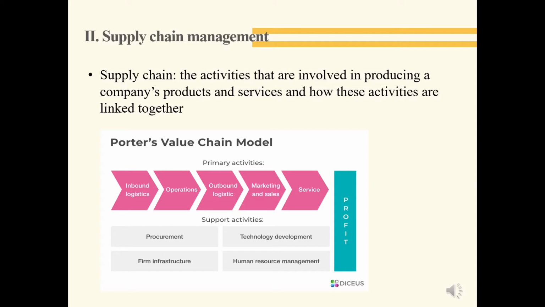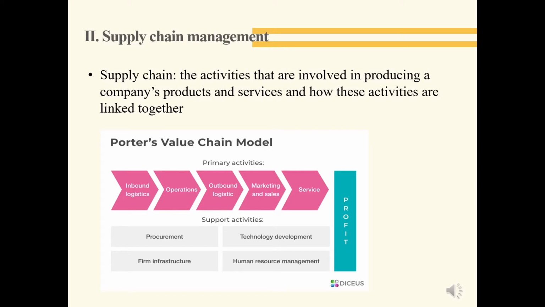And the concept of supply chain management involves the application of a total system approach to managing the overall flow of materials, information, finances, and services within and among companies in their value chain.